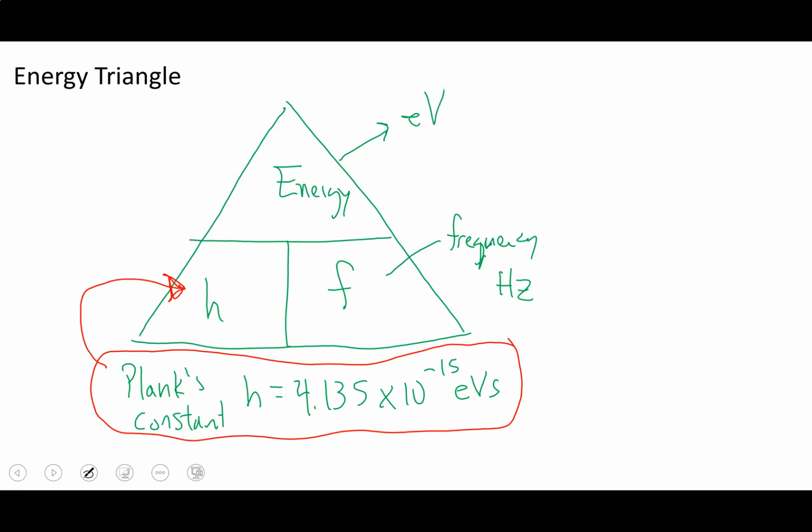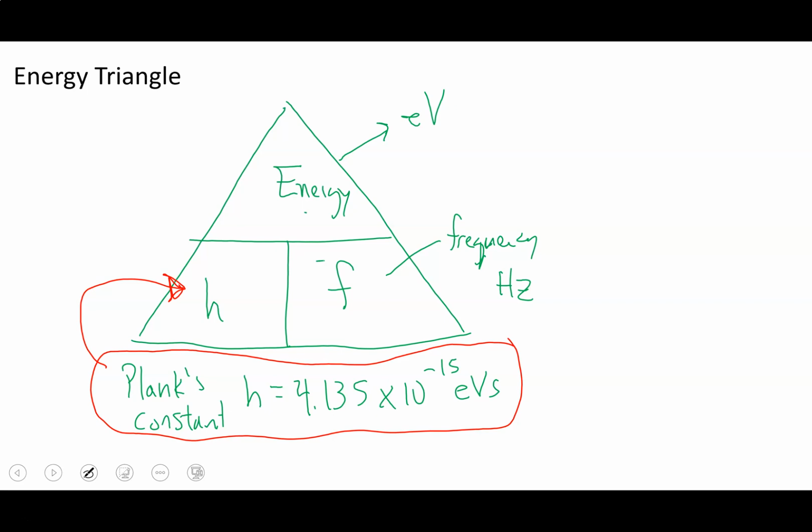Now you can do the same thing. If you had the energy, you could go back and figure out what your frequency is. But in that case, the energy would be over the frequency and you would then divide those two. So this is the way that that triangle kind of works. And you'd have to make sure that you're using your calculator correctly with all that scientific notation. So that's the energy triangle.